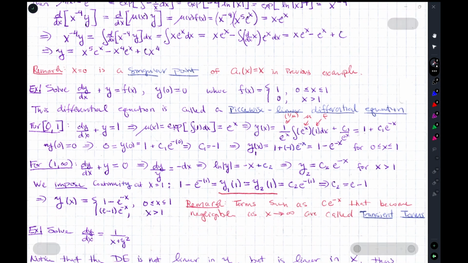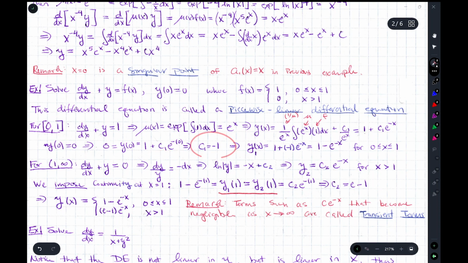Then we get this expression, and we're going to apply the initial condition, y of 0 equals 0. That fixes c to be negative 1. So the left-hand side is 0, and on the right-hand side, we plug in 0 into the general expression, so that's what you're seeing there.